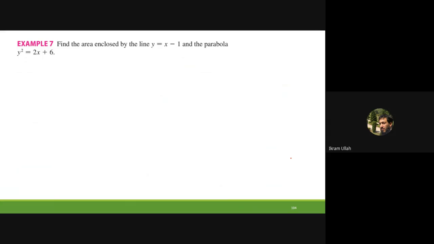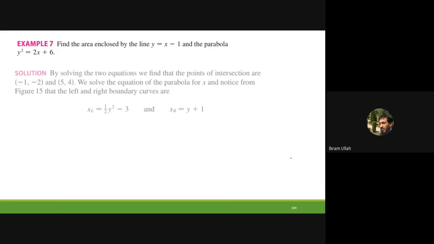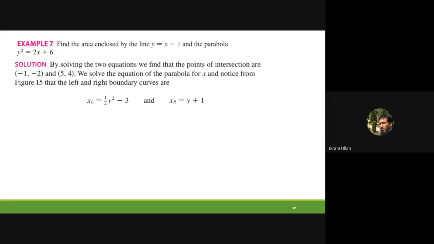Example 7: find the area enclosed by the line y equals x minus 1, which is a straight line, and the parabola y squared equals 2x plus 6. By solving these two equations simultaneously, we find the points of intersection.